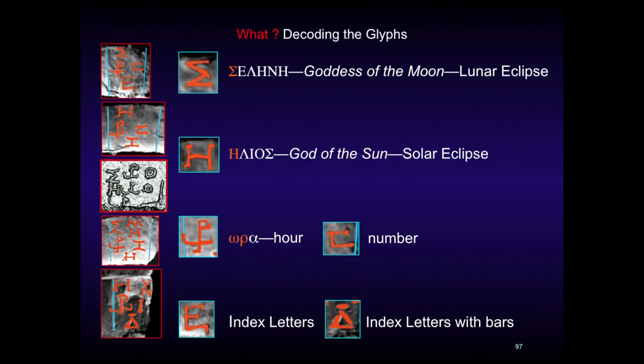I feel somewhat shamefaced to admit that I missed this, but they are in alphabetical order. And there's a whole alphabet's worth of index letters without bars on, followed by a second alphabet with bars on top. And these must surely in some way refer to the inscriptions round the dial.